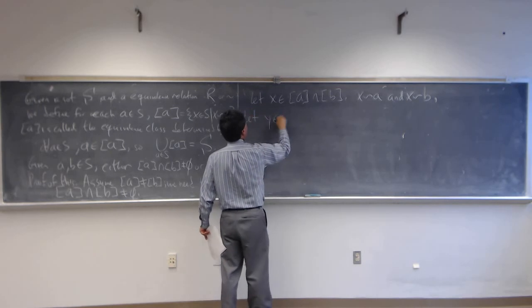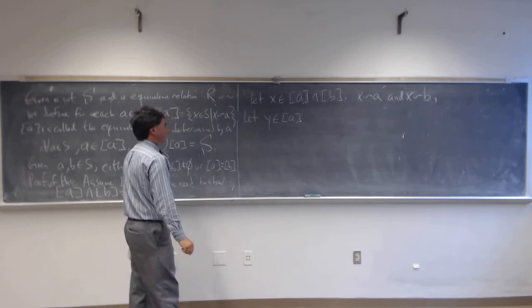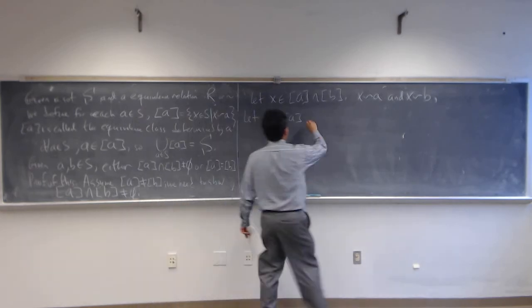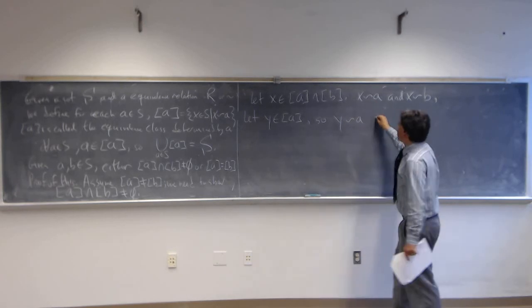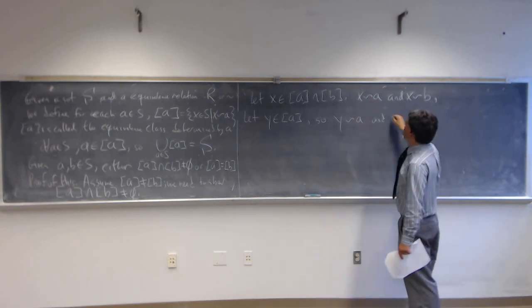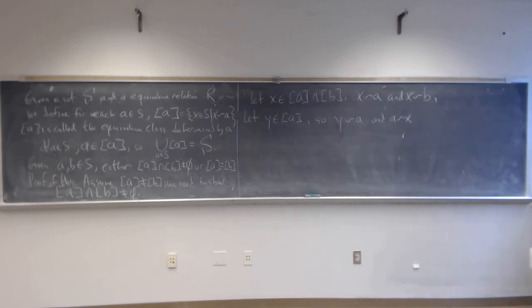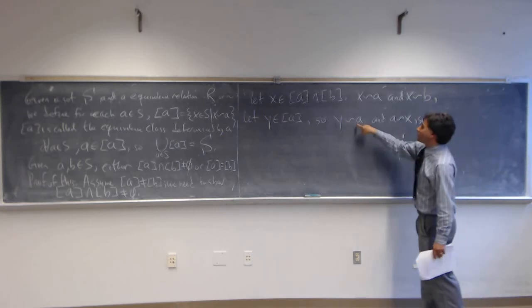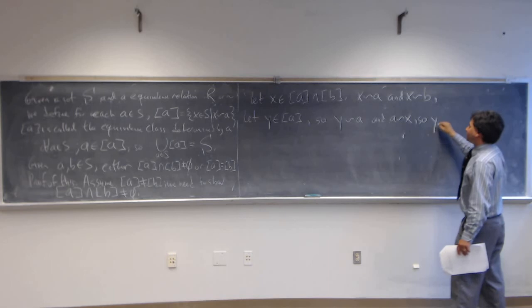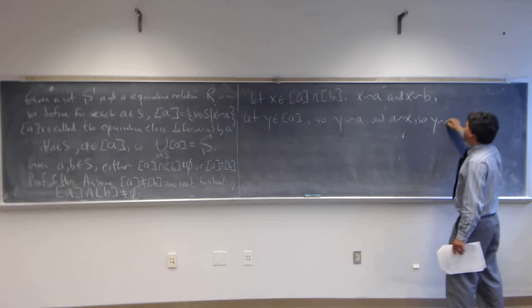So let y be in the class of a. So y relates to a, but we also have, since x relates to a, a relates to x. Here you're using symmetry. So by transitivity, if y relates to a and a relates to x, y relates to x.